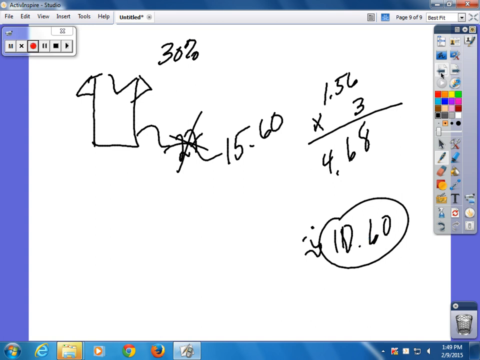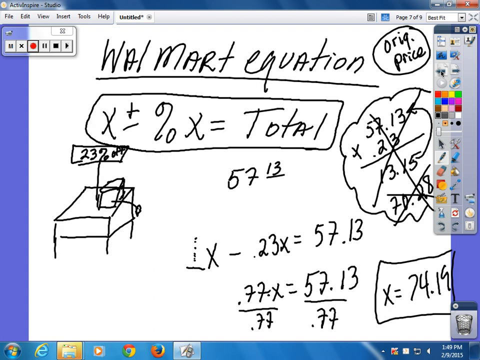Percentage, the Walmart equation, I do test you on this a good bit.